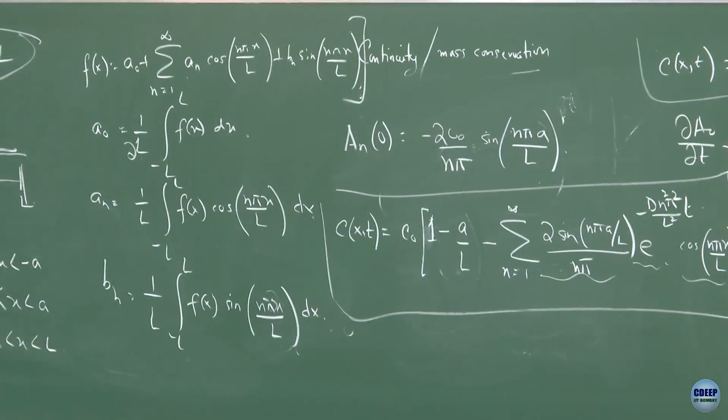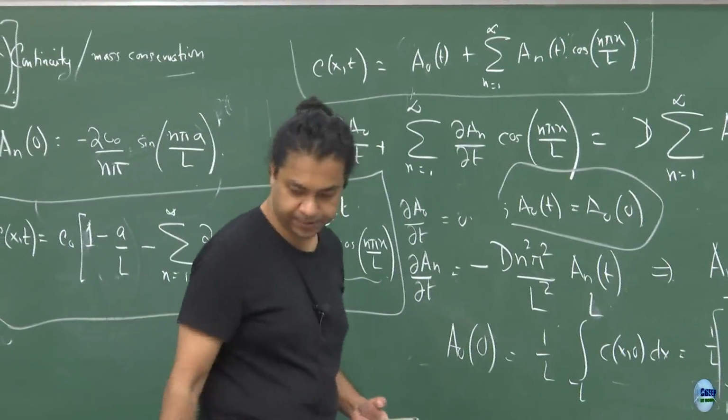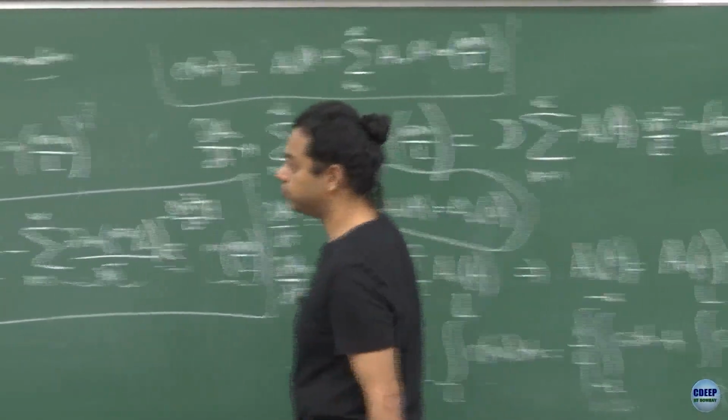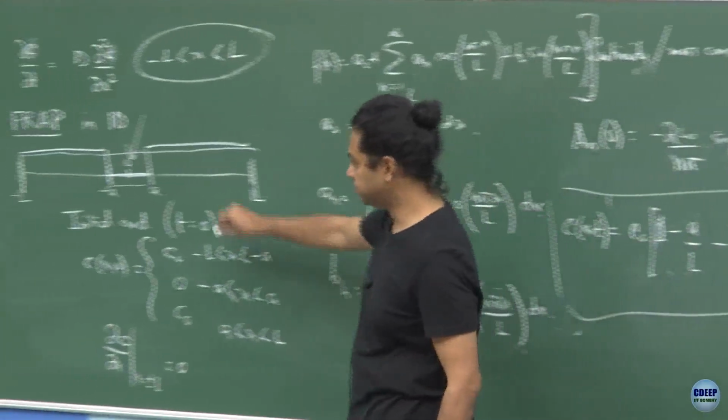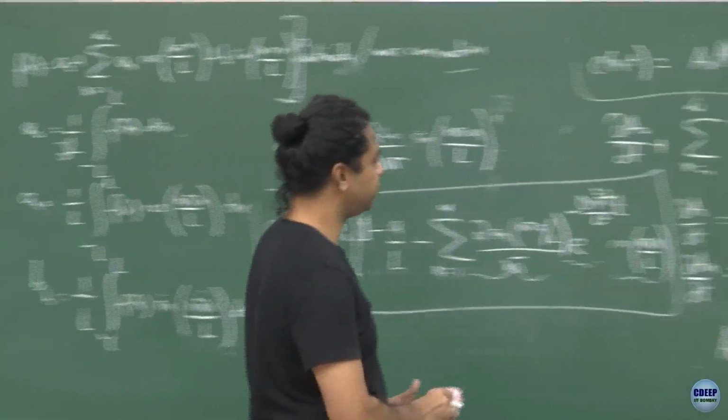Now that is of course the full concentration profile, but you can also do this. Essentially the concentration profile only in the photo bleached region, since that is what people measure. So people just measure the concentration profile in this photo bleached region.